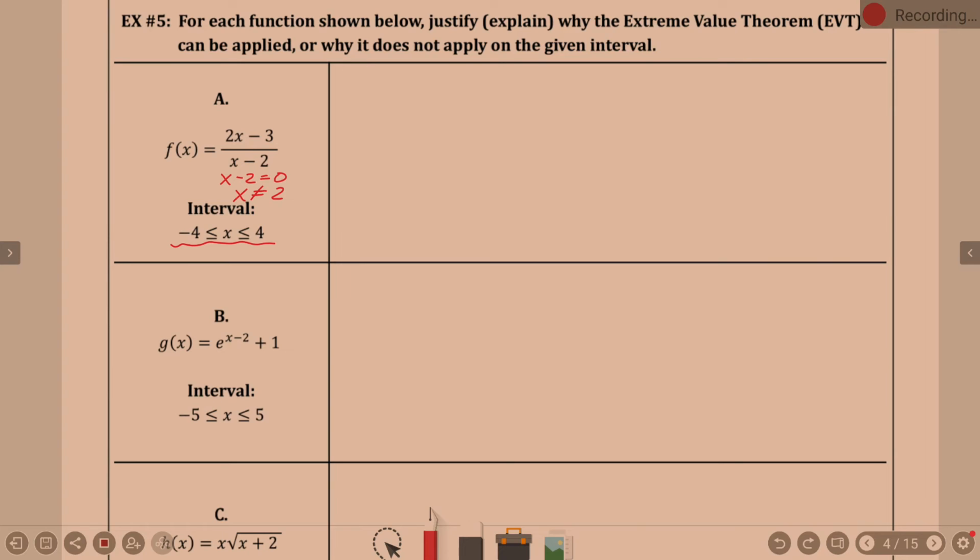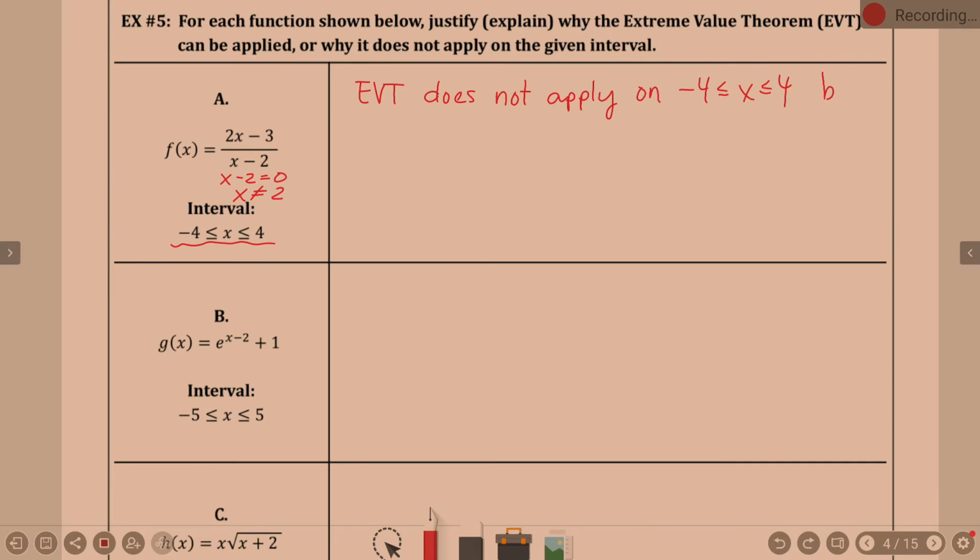So EVT does not apply on the interval negative 4 less than or equal to x less than or equal to 4. And that can be written in the other way too.